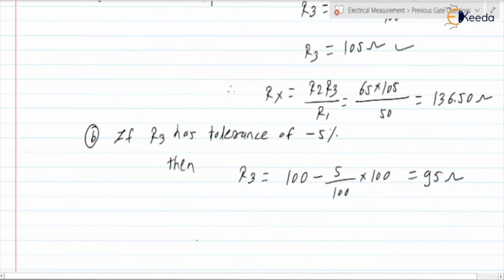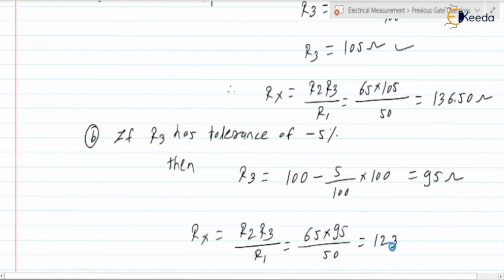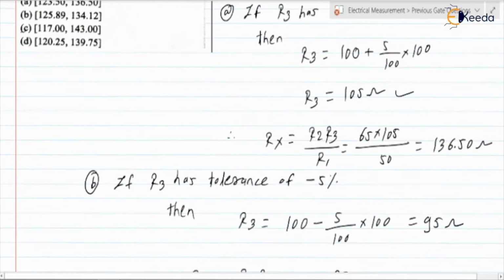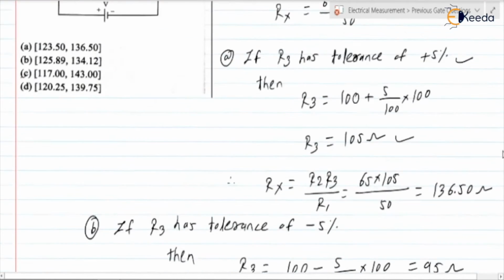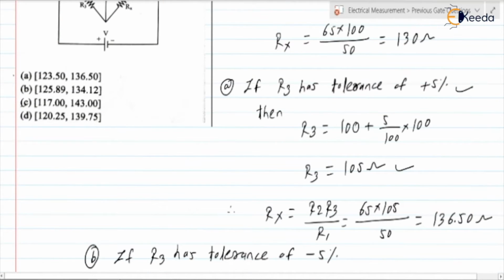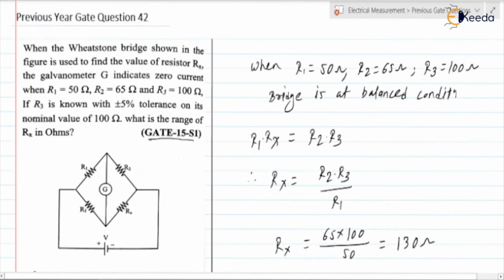So when R3 is 95 ohm, then Rx is equal to R2 into R3 divided by R1, which is 65 into 95 divided by 50. If you check, it is equal to 123.5 ohm. So Rx will be between 123.5 and 136.5. Okay, so the correct option is option A, right? So friends, this is about the previous year GATE question number 42.